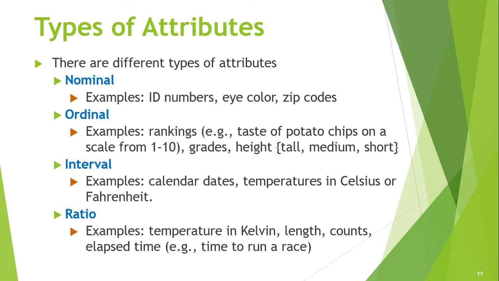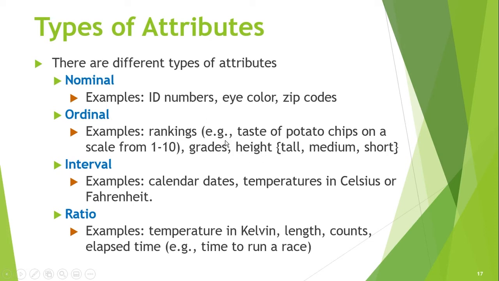What are the different types of attributes? There are different types of attributes, namely nominal, ordinal, interval, ratio. May mga examples tayo dyan. So, pag nominal, tingnan nyo po, ID number, eye color, zip codes. Pagka ordinal, rankings, grades, height.